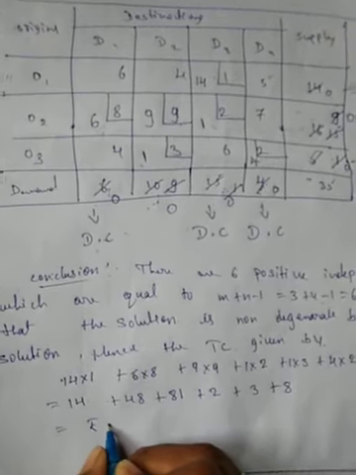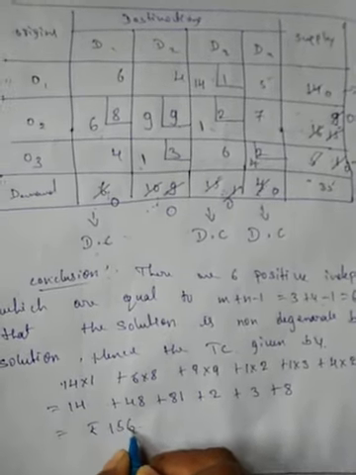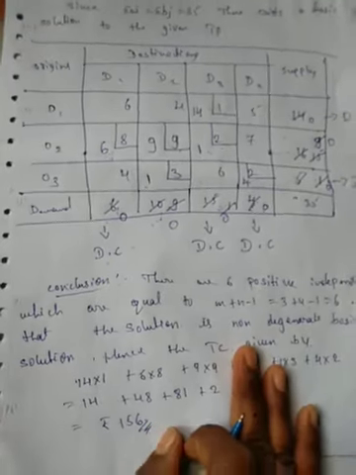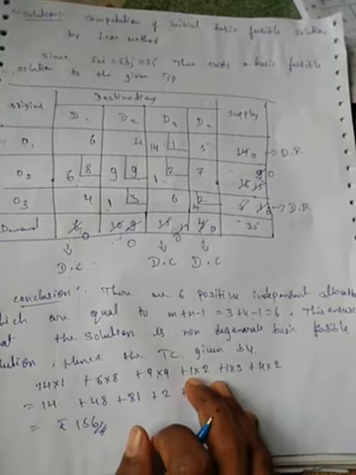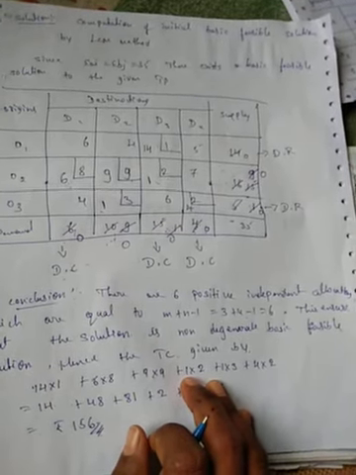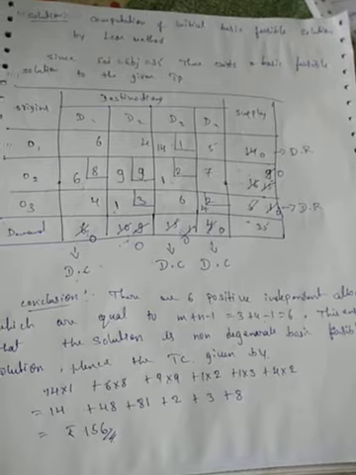Therefore the total transportation cost is 156. So this is non-degenerate basic feasible solution. So this is the problem we solved by using LCM method, means least cost method.